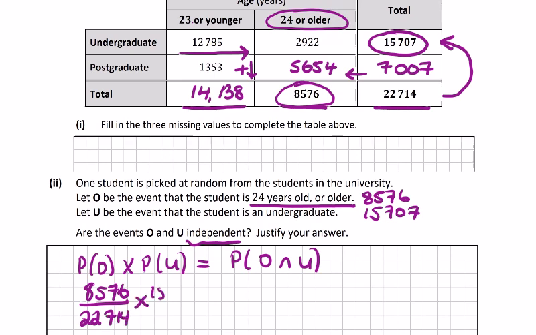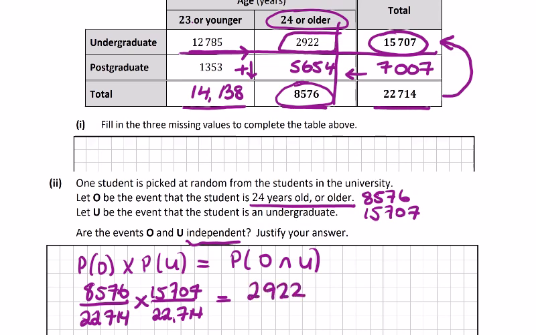U is 15,707 out of the same total. Is that equal to the intersection? Well, we've gone in this direction and we've gone in this direction, so where those two cross is your 2922, 24 or older and undergraduates. So 2922 over the total of 22,714.